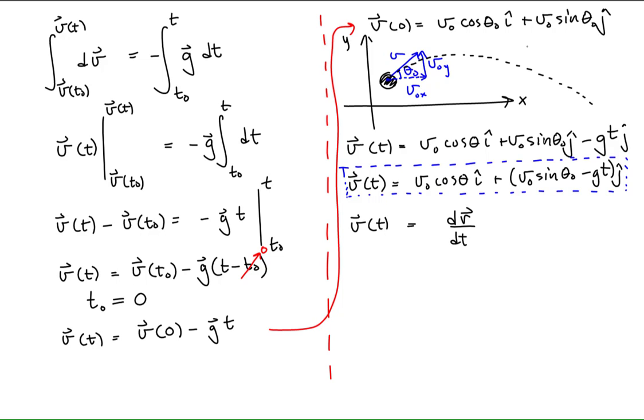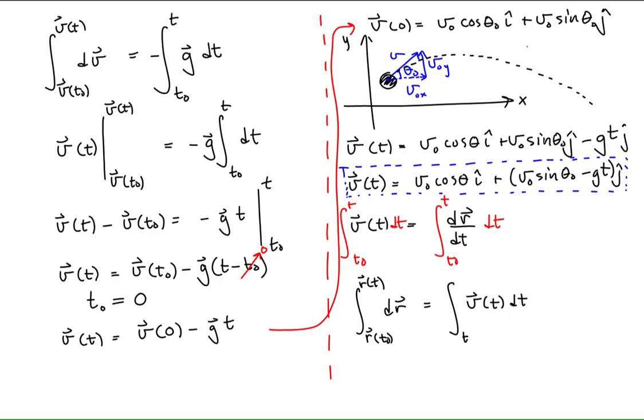What this means is if we integrate both sides with respect to time, we get an expression that says the integral with respect to position is equal to the integral with respect to time of our velocity from t naught to t.